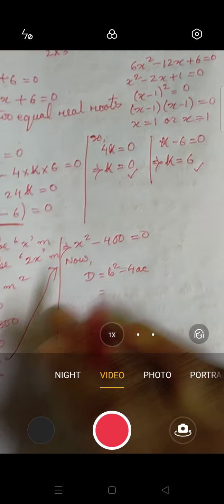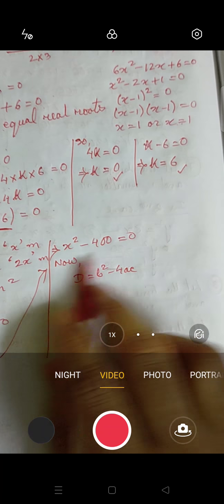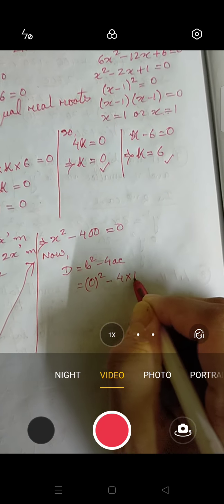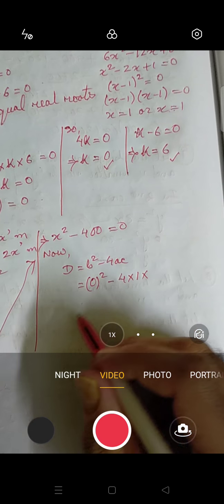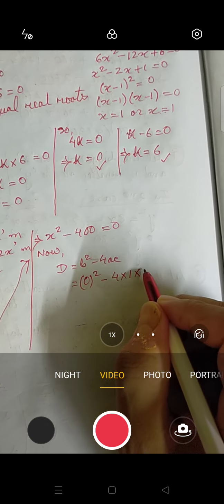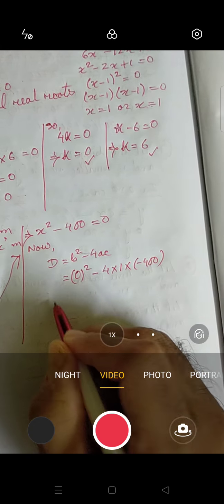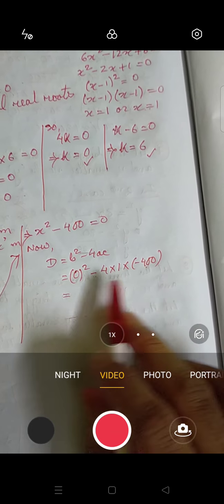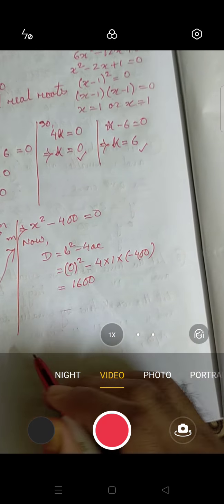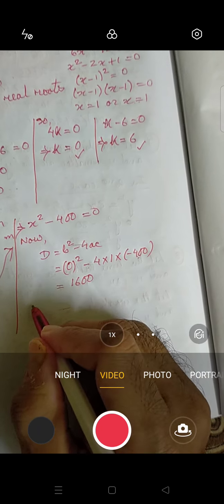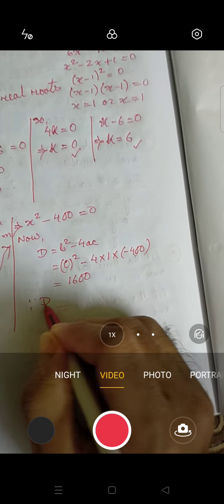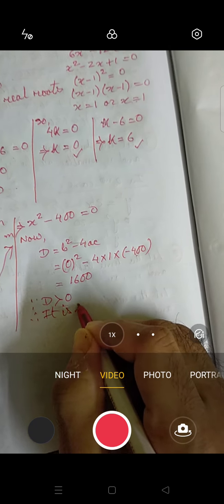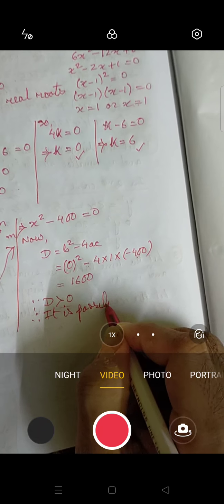So coefficient of x is not present here, so we'll say 0. So 0 square minus 4 into a, a is 1 and c is minus 400. So this will become 0, but we will not write this 0. Minus minus is plus. This will become 1600. So we'll say that since D is greater than 0, therefore it is possible. Understood?